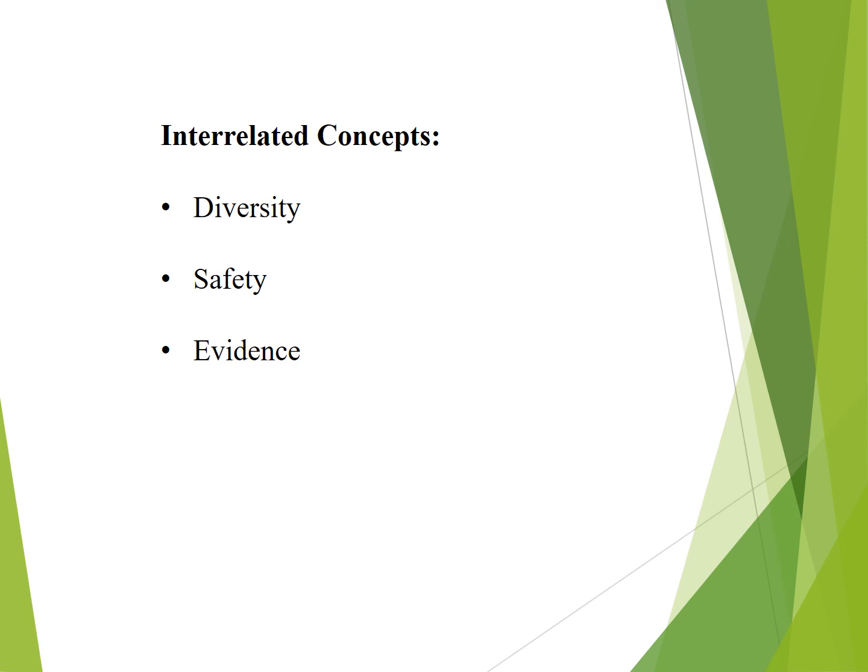Evidence-based practice is so important when we're looking at development. So we might think of certain disease processes that are food related, or SIDS, that we no longer want our infants to lay on the stomach. So think about these interrelated concepts in contrast to development and how they work hand in hand.